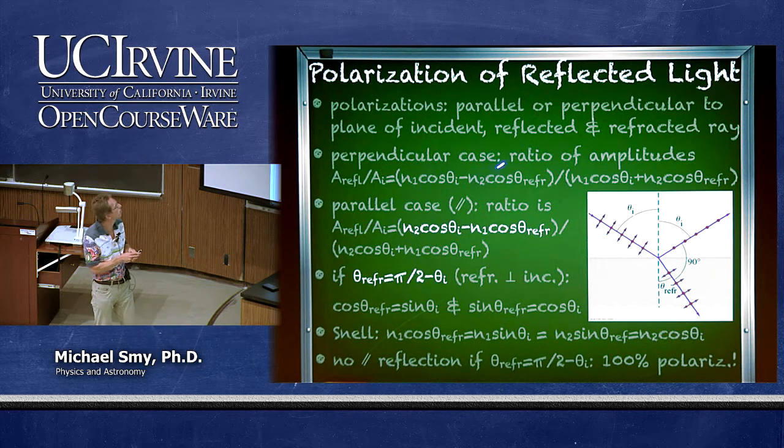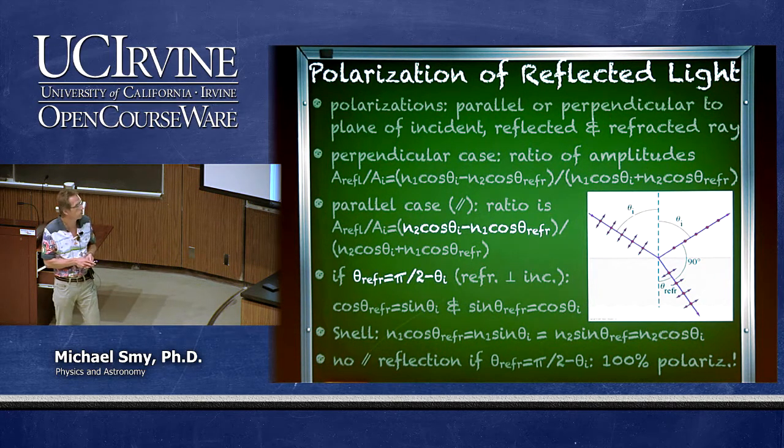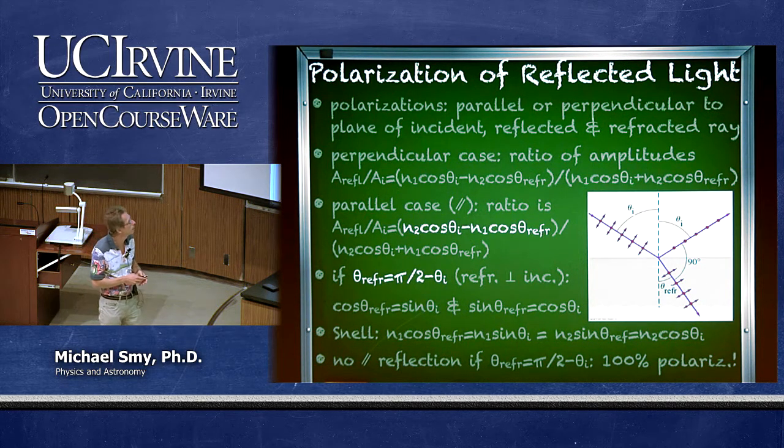The one is the perpendicular case, and in this case, the reflected over the incident amplitude is given by this expression, which depends on the indices of refraction, n1 here and n2 here, and the cosine of the angle of incidence and of the angle of refraction. And of course, the angle of reflection is the same as the angle of incidence.